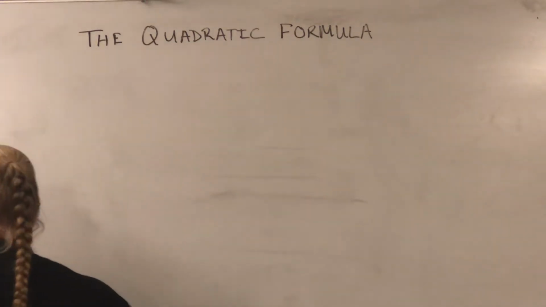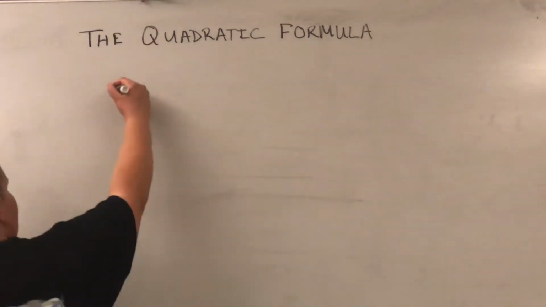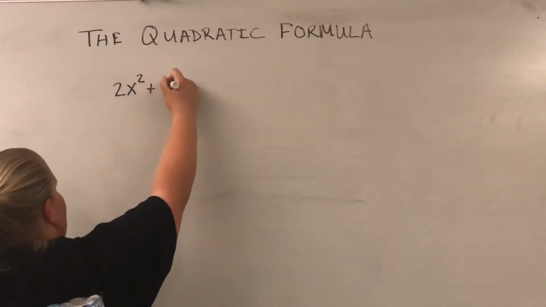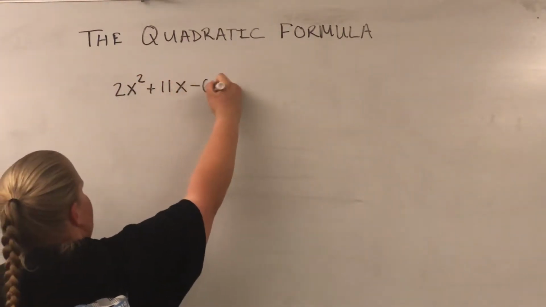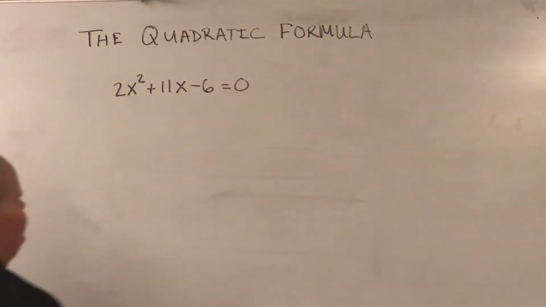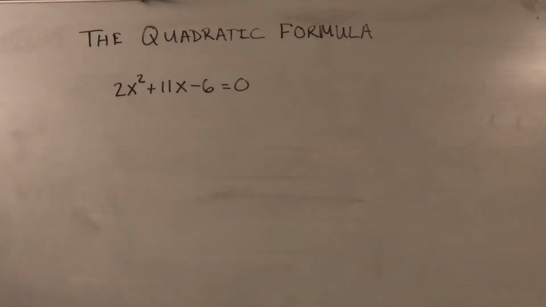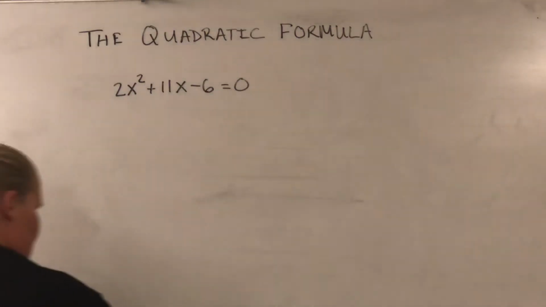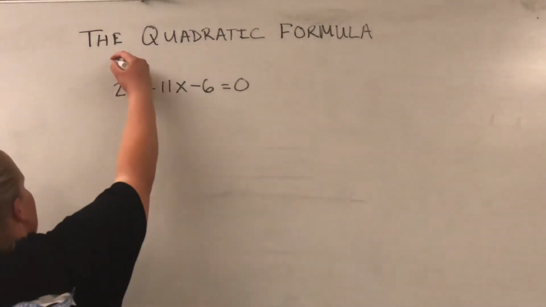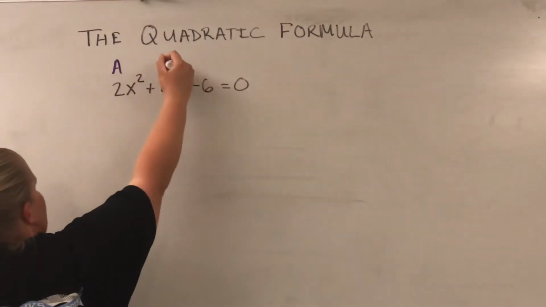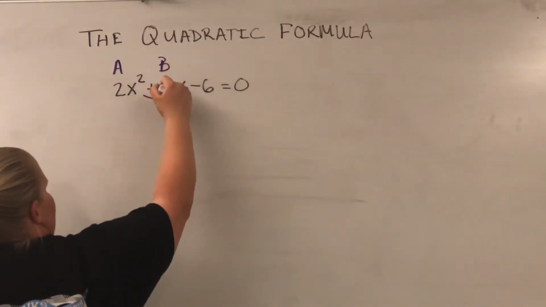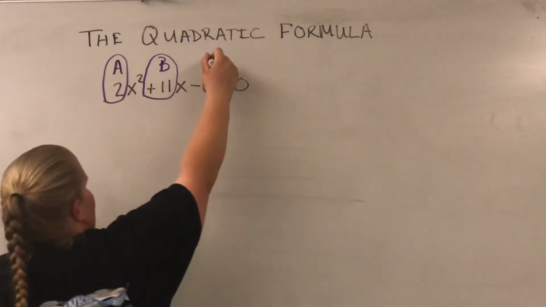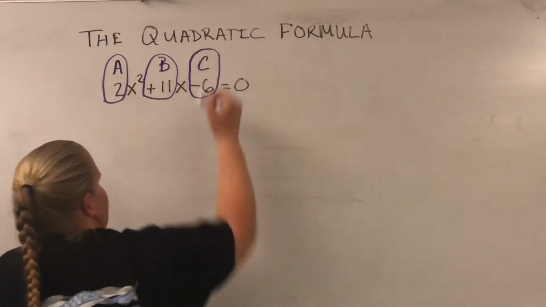Our second example is 2x squared plus 11x minus 6 equals 0. Now again, we need to identify our a, b, and c values. Well, a is going to be 2, b is going to be positive 11, and c is going to be negative 6.